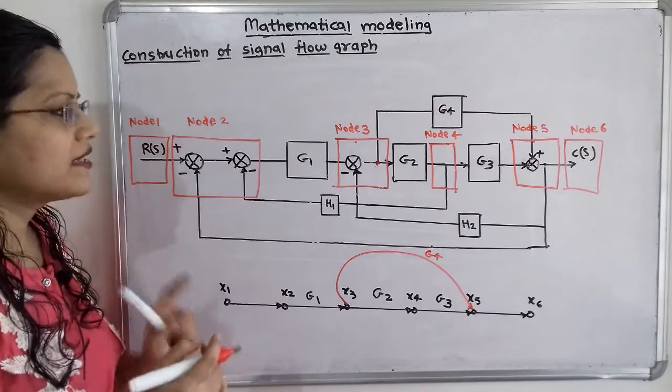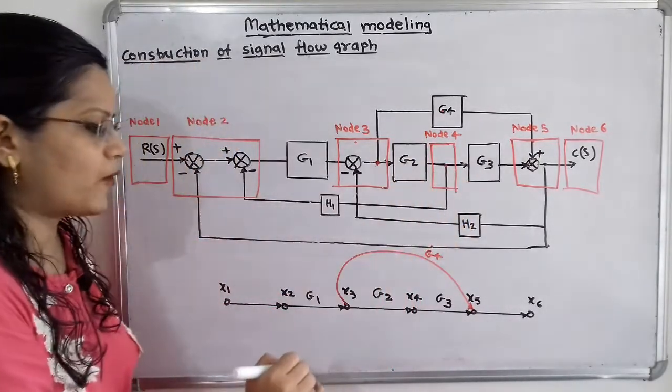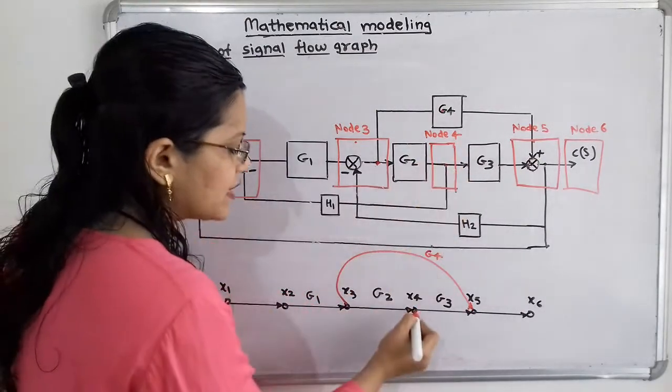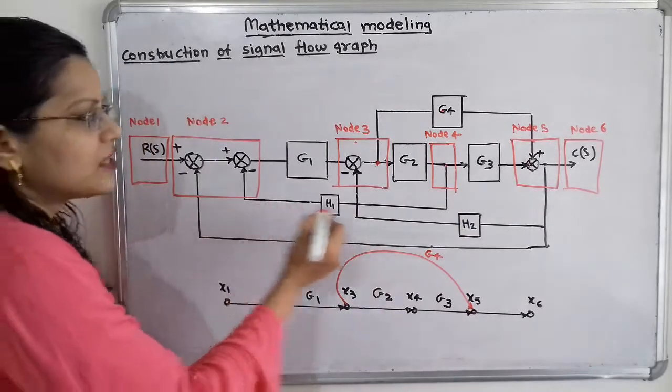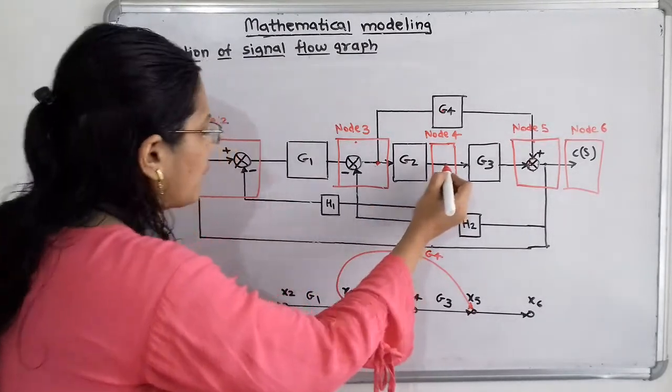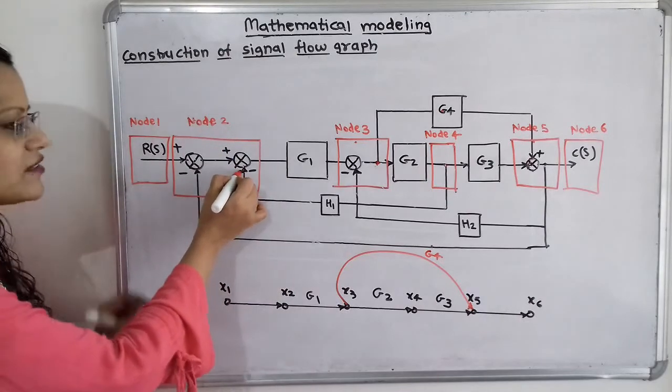Now again if we observe at this node 4 there is the takeoff point. That is node 4, that means x4. There is the takeoff point. But here is the feedback path. Now feedback path is from node 4 to node 2. This summing point is considered as node 2.